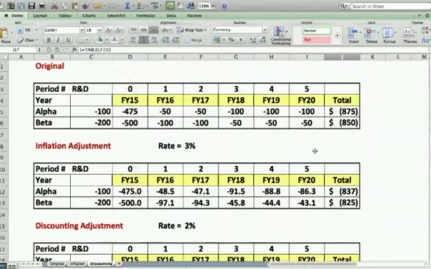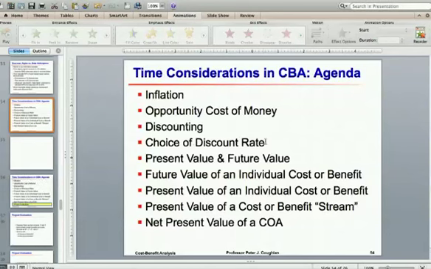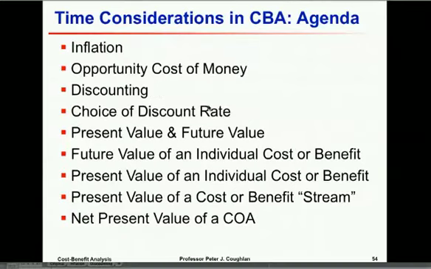Hopefully that example of the alpha and beta helicopters has helped you understand the lessons of this lecture on time considerations and cost-benefit analysis. Let's review what we've covered. When we take time into account, there are two reasons why $1 in the future is worth less than $1 today.